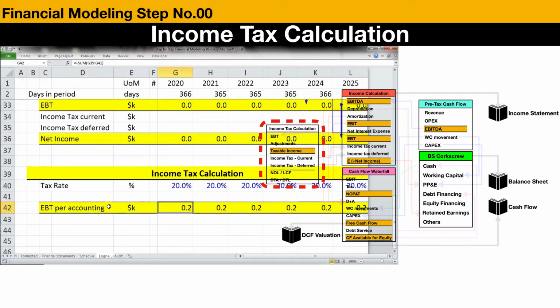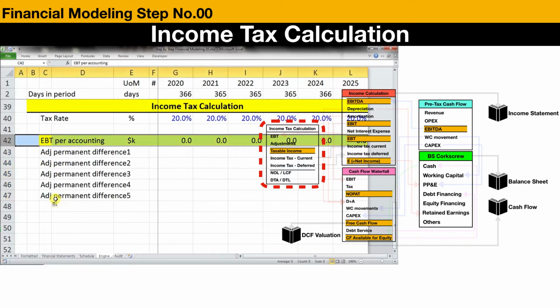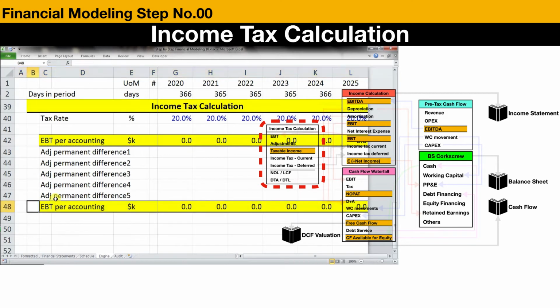The first item is earnings before tax. Income before tax as per accounting and taxable income as per tax regulation are two different things. For example, certain expenses are lost in the income statement, but may not be tax deductible for the government tax calculation purpose. This difference may be permanent, or temporary. If the difference is permanent, then the same amounts have to be adjusted to EBT.